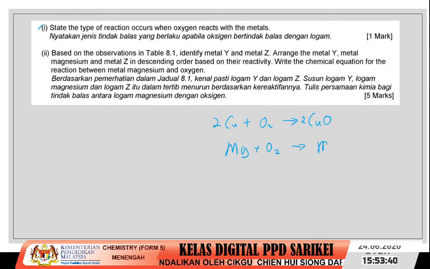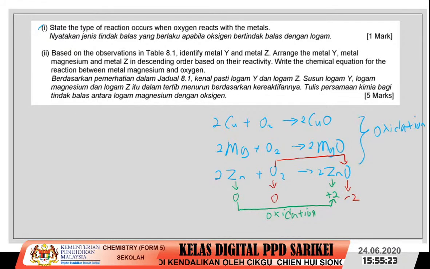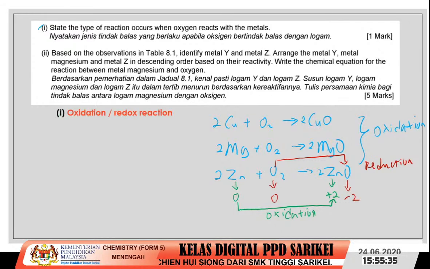It forms magnesium oxide. And zinc reacts with oxygen. It forms zinc oxide. So this is an oxidation. So we can see oxidation and reduction occur simultaneously. So you can put down your answer, redox reaction.